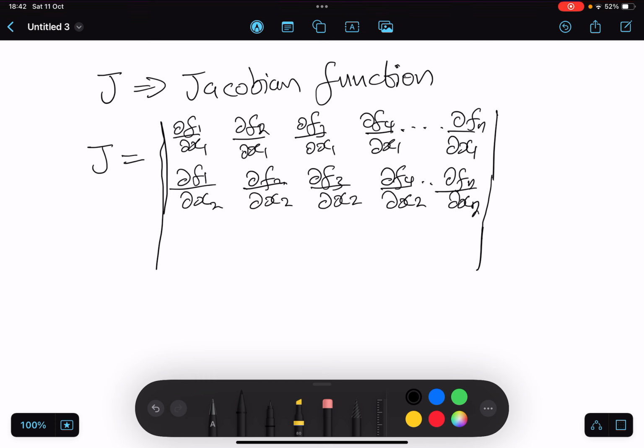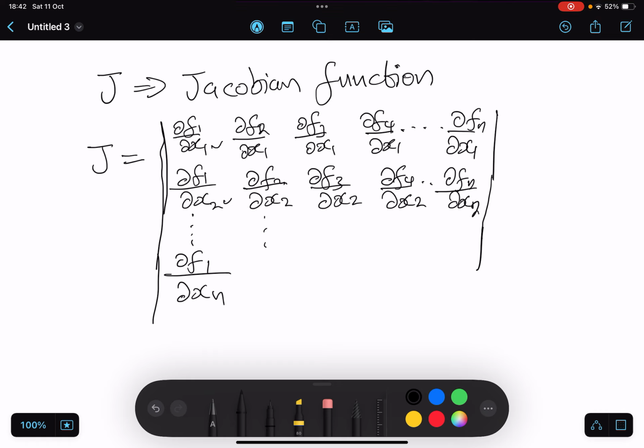So you can go down to ∂f1, since this is 1, 2, which means you can go towards ∂xn.